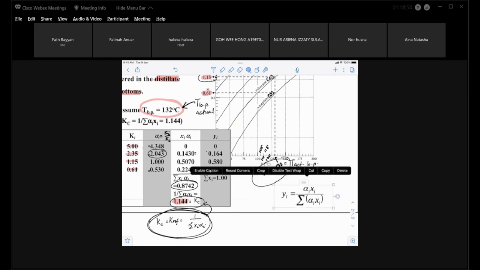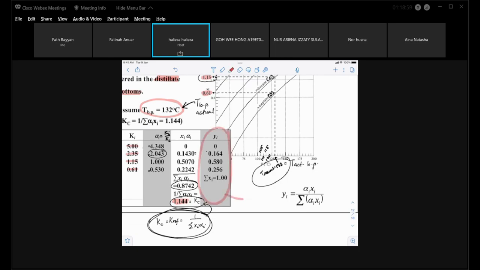Okay, there you go. So in order to get this column, you need to use that equation. You already have that value there, and you have the summation there. So you divide it, you will get the answer there.